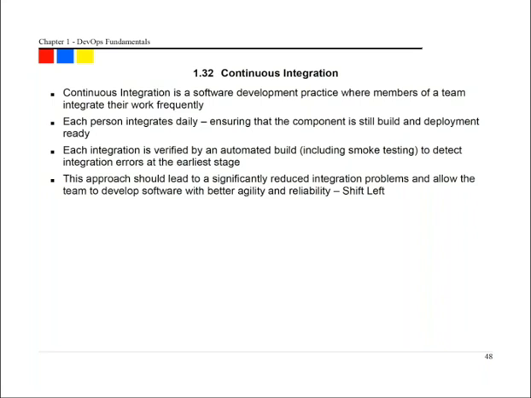And every time that integration happens, there's an automated build. And if the build breaks, if you discover some issue, you focus on fixing it before you move on. What happens is this notion of continuous integration means that developers are getting immediate feedback on whether something has caused problems in the software, which allows you to fix those issues.